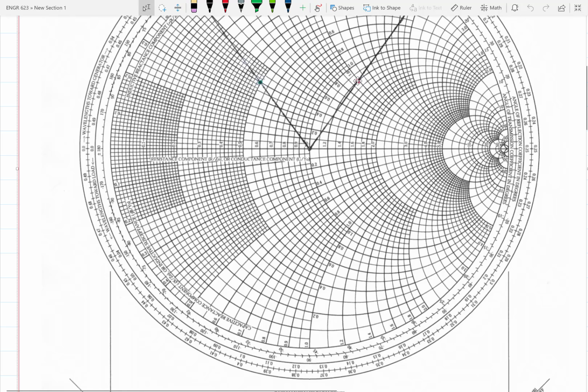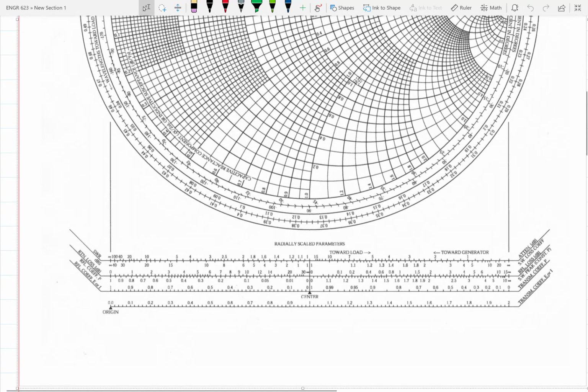Because once you have that distance, then you will come down here to the scale at the bottom, and measuring from the center to the left, on this first scale you can get SWR, and on the third scale, measuring once again from the center toward the left, you can get the magnitude of the reflection coefficient.